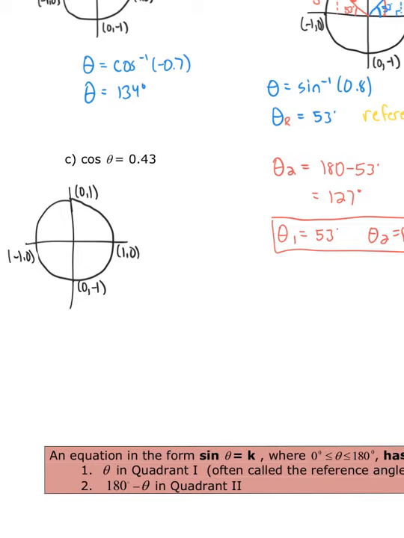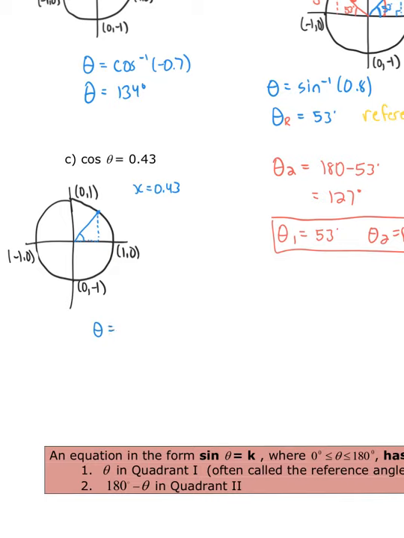So in our last example, C, it's very much like A, we want cos of an angle that gives us 0.43. So you have to remember that the cos ratio, we're talking about x. So where is 0.43 along the x-axis? So we're going to the positive this time, right? And then you are going to go up to the unit circle, and then that's your right angle triangle.